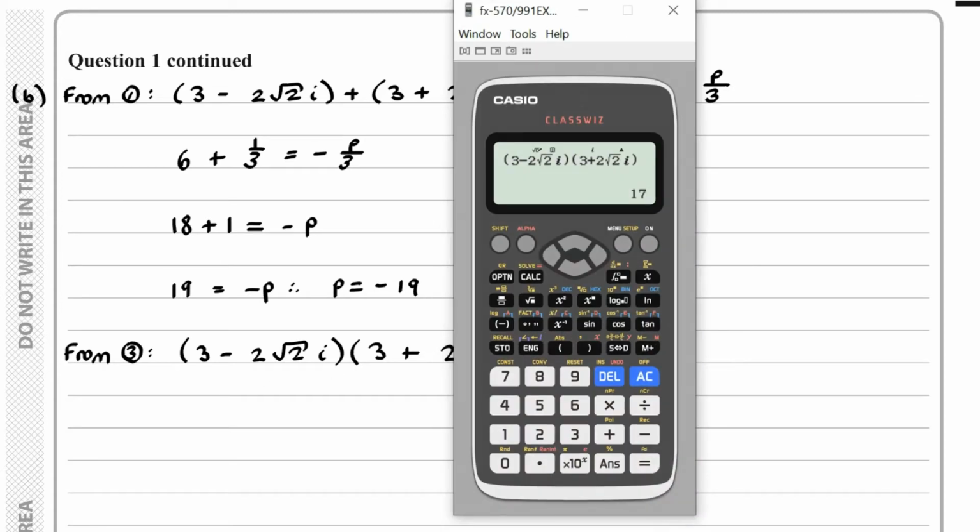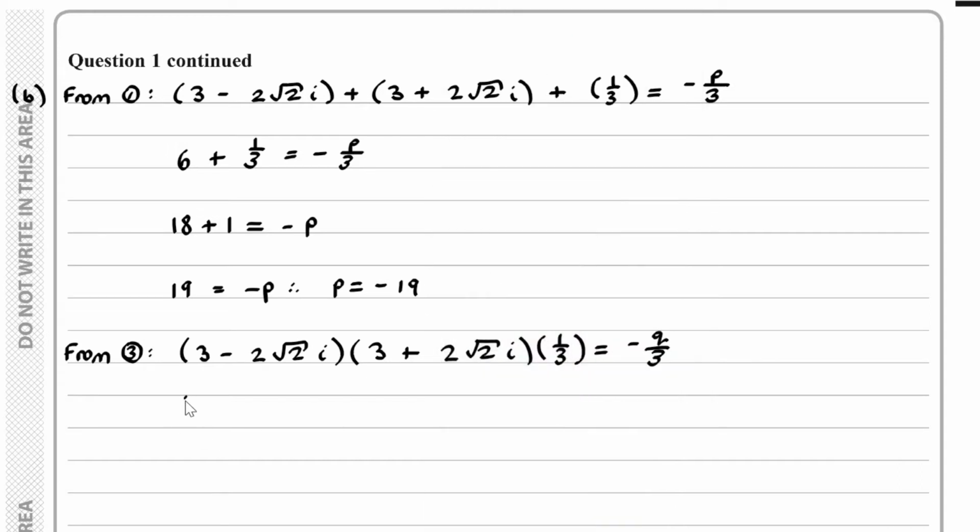And we can use our calculator to simplify all this. So we've got over here this product multiplied by 1/3. So we get 17 over 3. So we've got 17 over 3 equals minus q over 3.